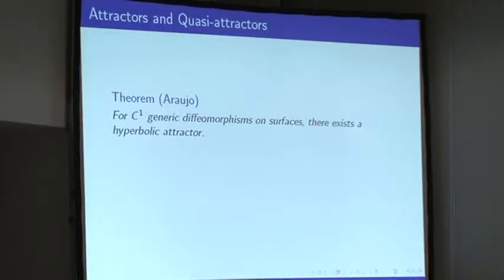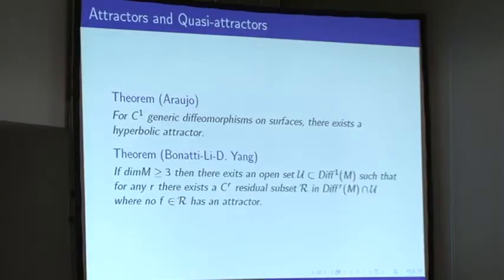Araújo was a student of Ricardo Mañé, and this was in '86 or something like this. But recently, Christian Bonatti, Ming Li, and Dawei Yang gave a counterexample of this in dimension greater than or equal to 3. If you have a manifold M with dimension greater than or equal to 3, there exists an open set U in the C^r category, such that C^r generically in this neighborhood, no f in this subset R has an attractor.